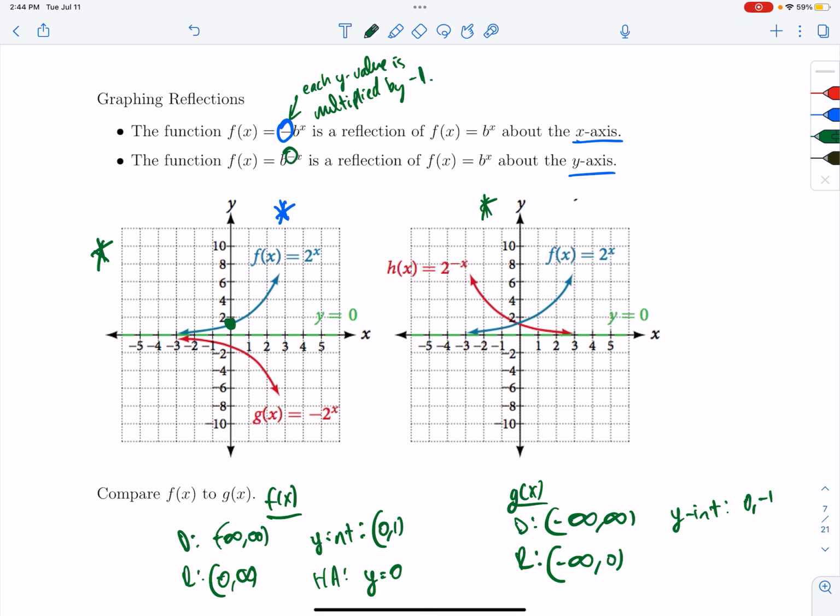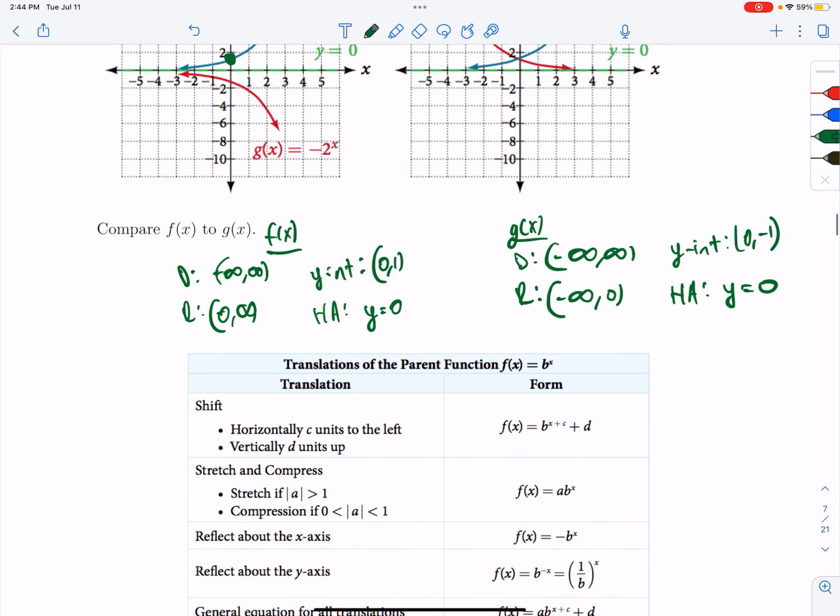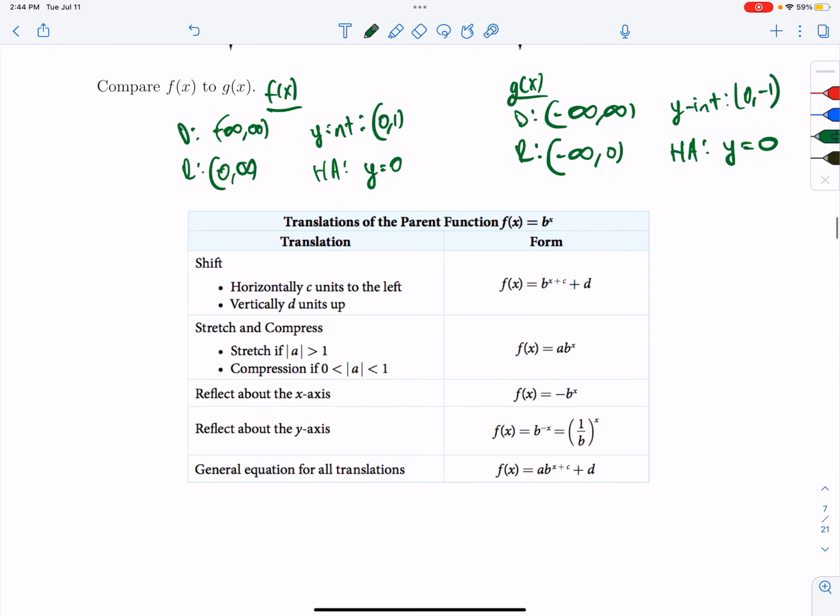Let me write that a little more clearly. Okay, and then the horizontal asymptote, same horizontal asymptote, y is equal to 0. Okay, and then lastly, here's a summary of all the transformations for an exponential function in the form f of x equals b to the x.